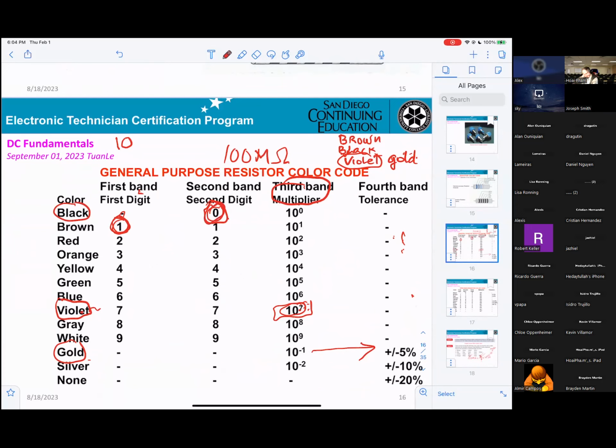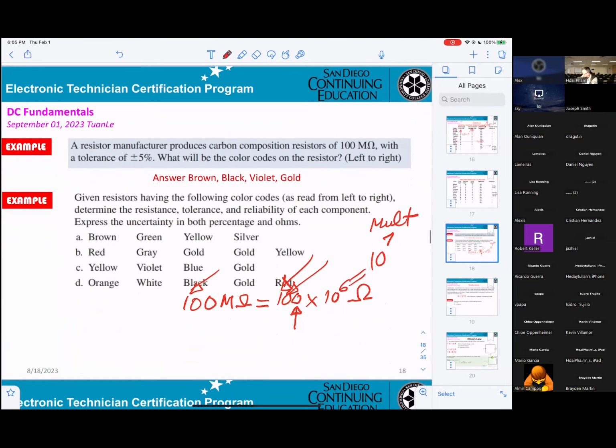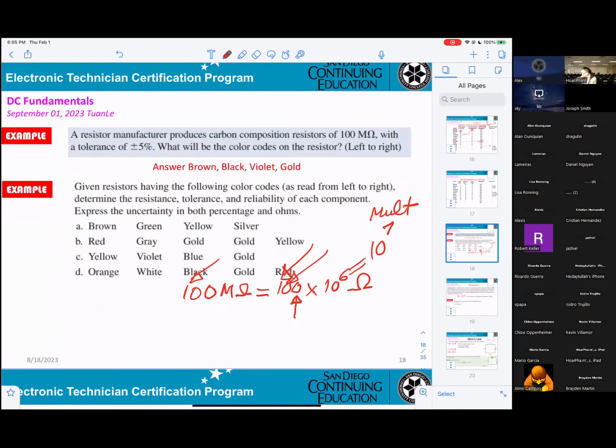And now you have to multiply by 10 to whatever power to make it 100 mega. So they say violet here, you go to the multiplier, you get 10 power 7. So that's why the answer will be brown, black, violet, and gold.